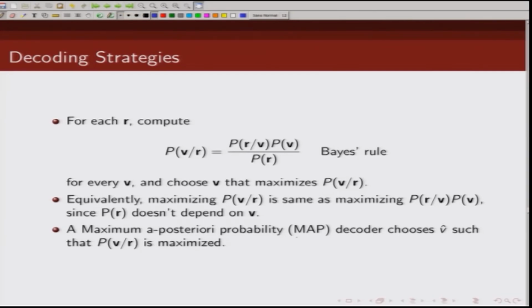A MAP decoder, a maximum a posteriori probability decoder, is the one which does exactly that: it chooses a V hat such that this probability is maximized.